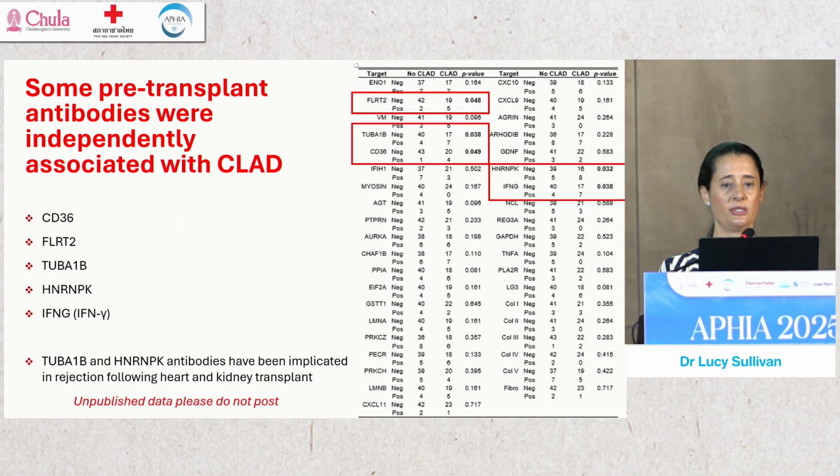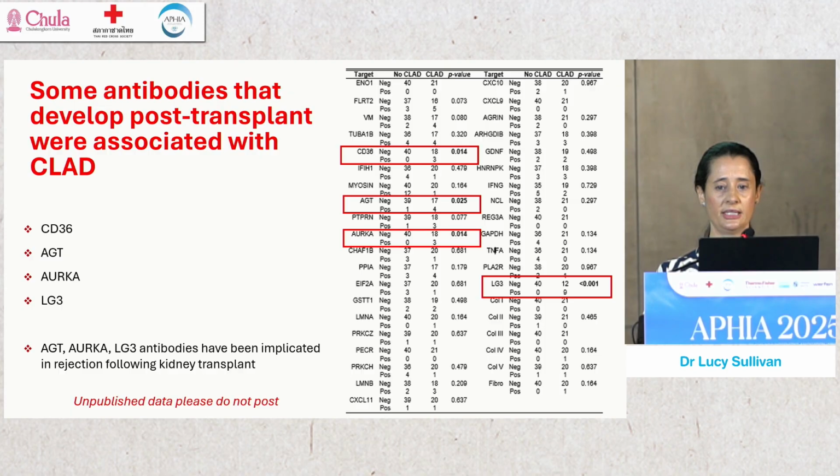Now just looking at some of the individual targets that came up. This is the impact of having antibodies to these particular targets when the antibody was present prior to transplant. These targets listed here had independent association with CLAD post-transplant. It's also important to note that a couple of these targets had also been implicated in rejection following heart and kidney transplantation.